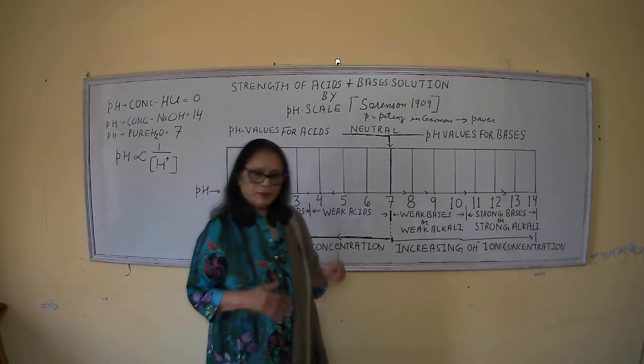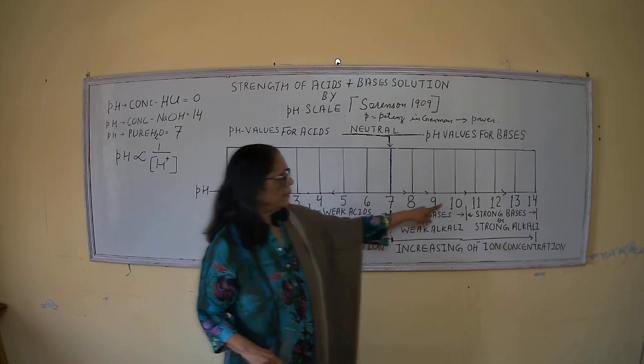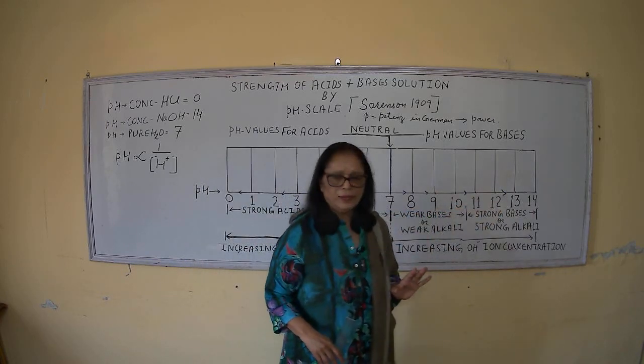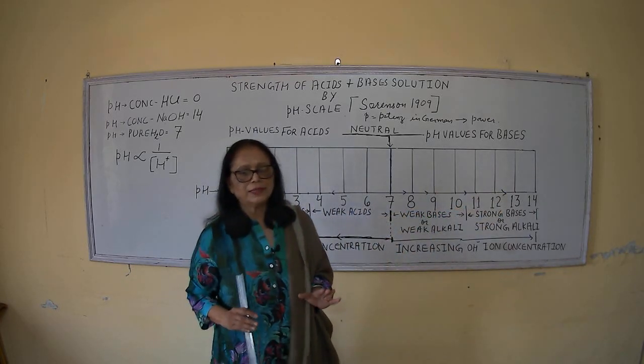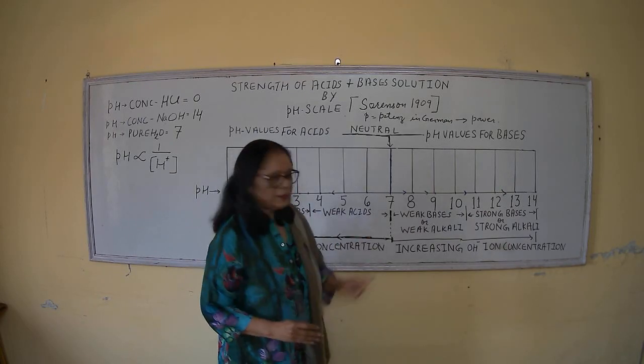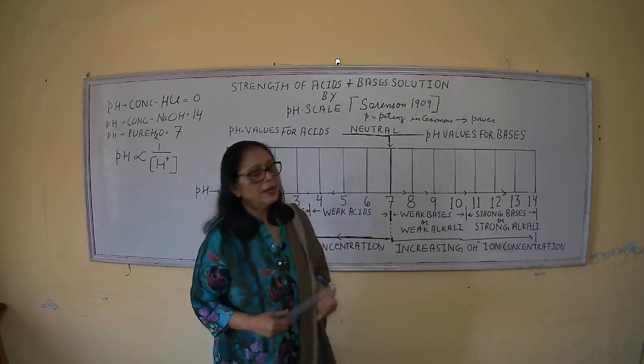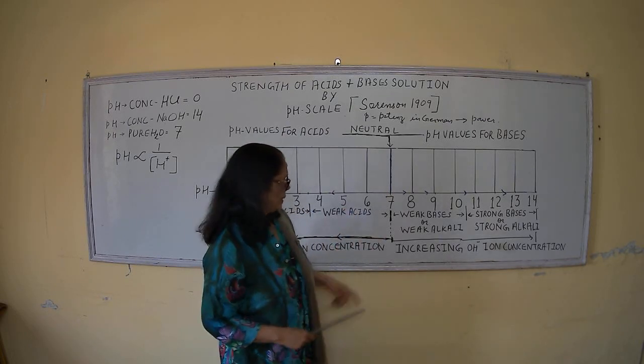And if you have pH value more than 7, that is 8, 9, 10, 11, 12, 13, 14, the concentration of hydrogen ion will decrease so much, but the concentration of OH ion, that is hydroxide ion, will increase.